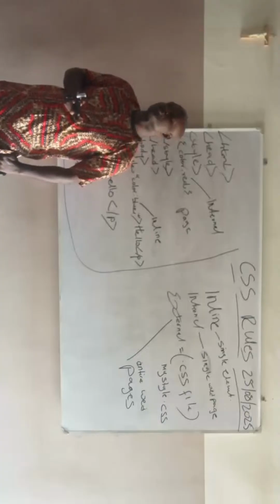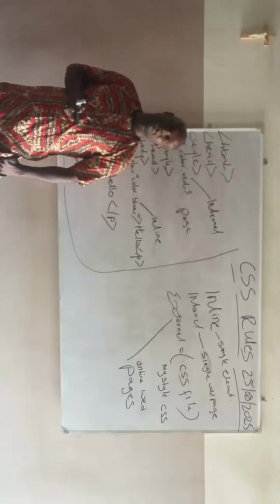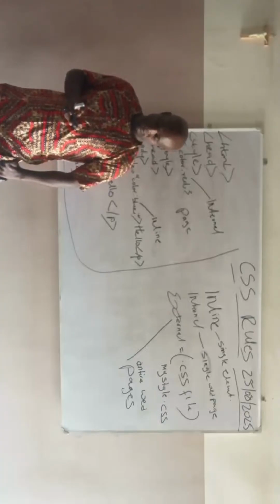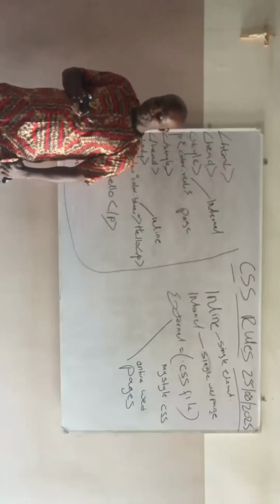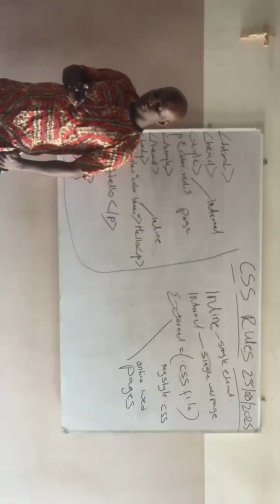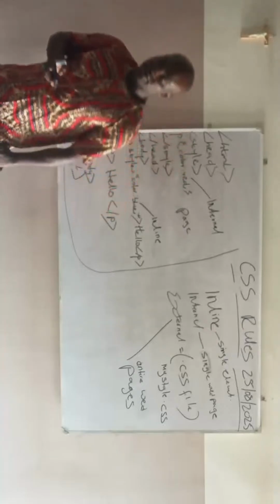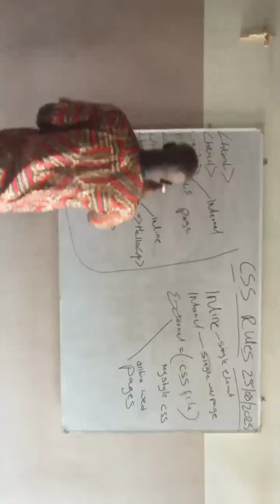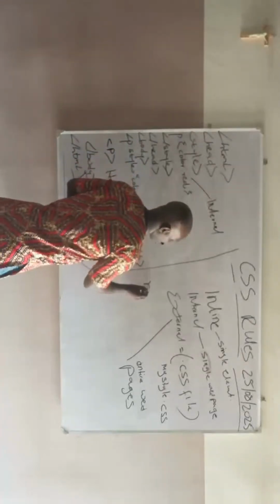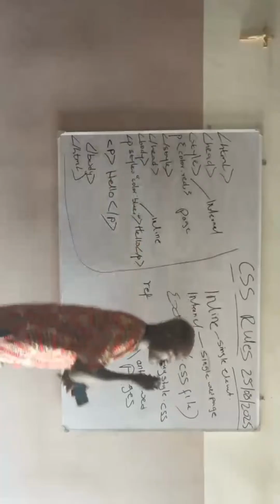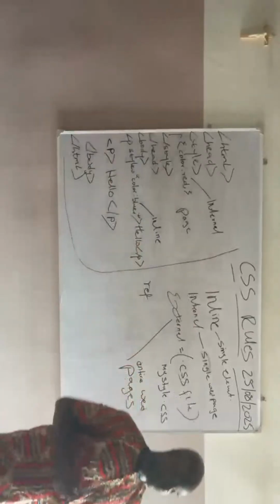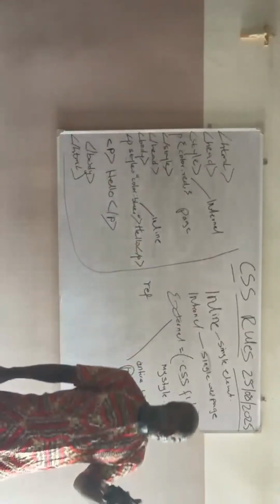It is compulsory. You don't have another option than to follow. It's a must. So each HTML page must include a reference. A what? A reference. Must include a reference. Are you writing?